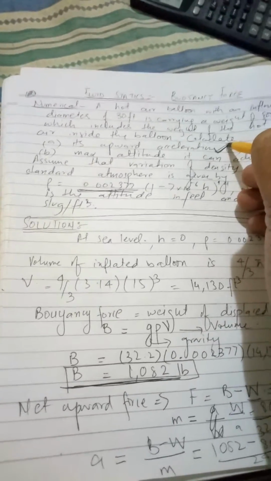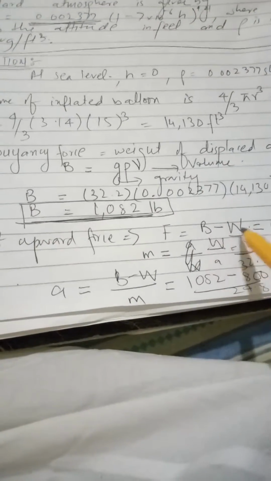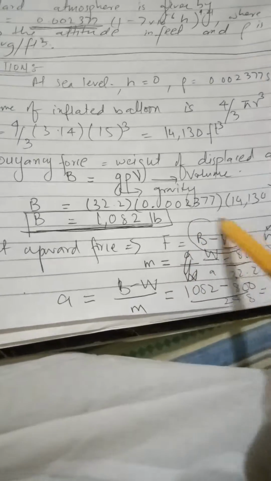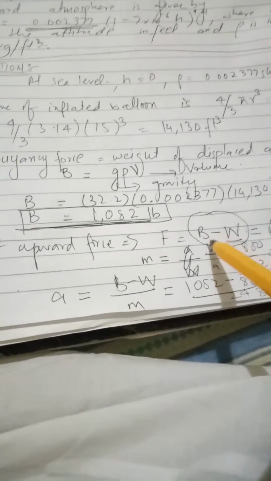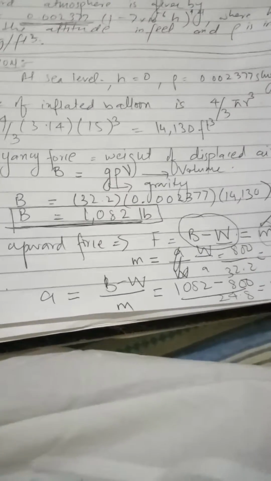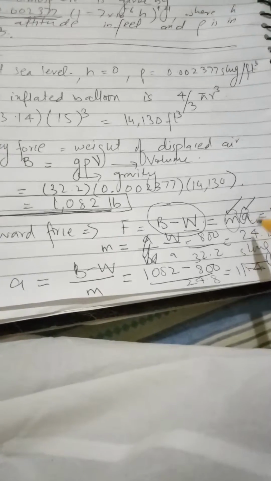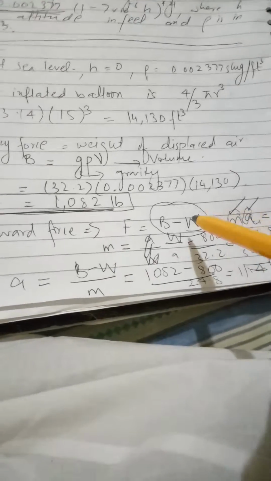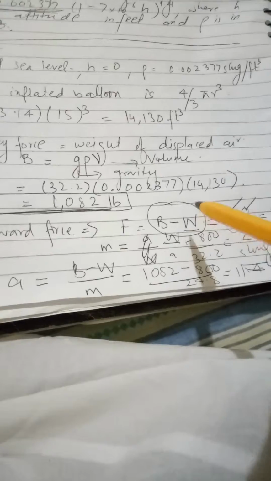The upward acceleration is due to the net upward force created by the buoyancy force, which is equal to B minus W. First you calculate the mass from Newton's second law using the normal values, and then you apply the same equation for the net upward force to calculate the upward acceleration.